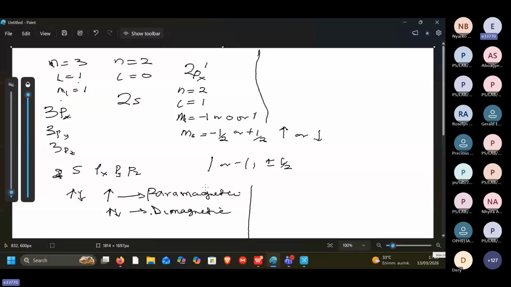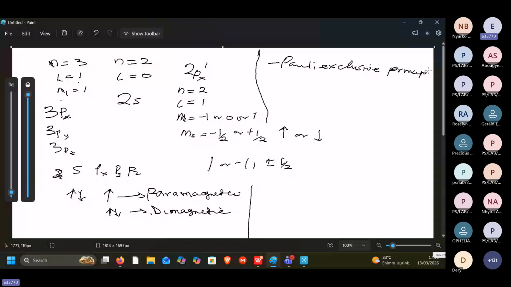Now, in terms of distributing the electron, we have to look at the building blocks of how we distribute the electron. And the first principle that I stated has to do with Wolfgang Pauli, the Pauli exclusion principle.